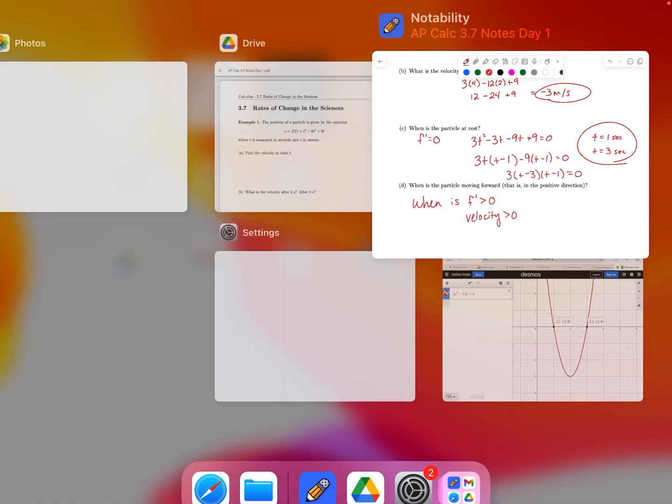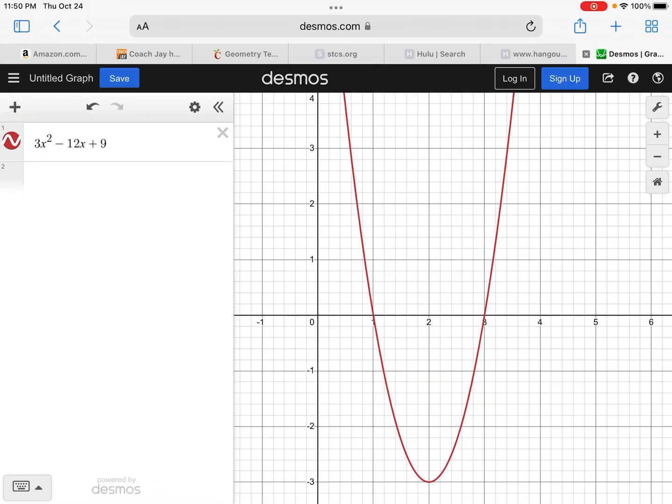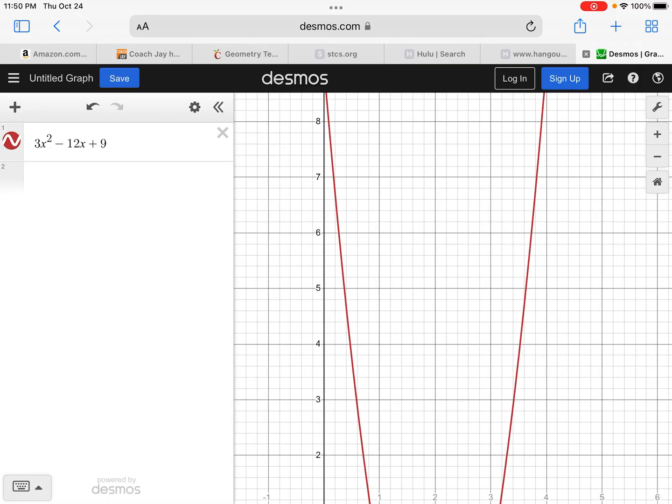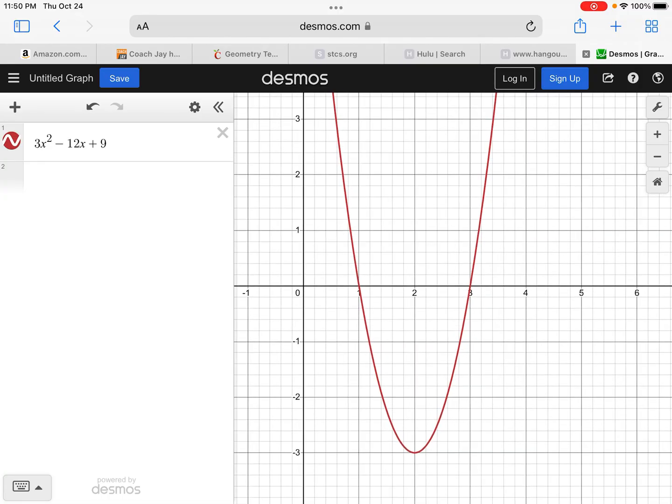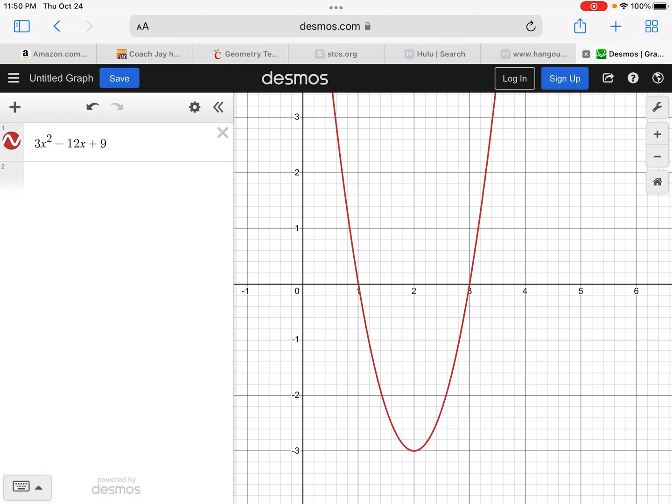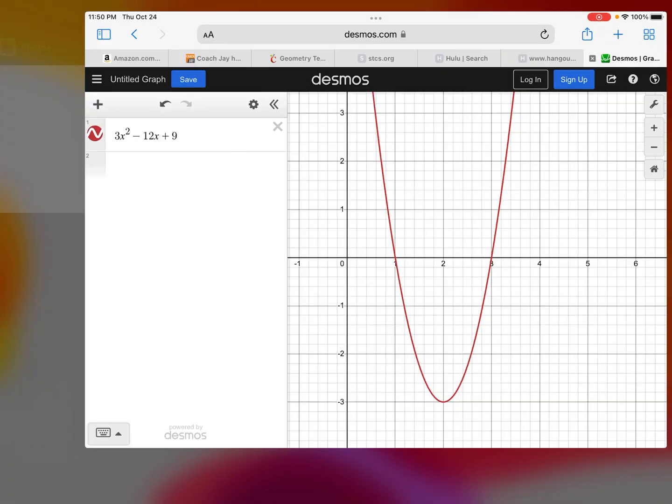So if we go back to our graph, from 0 to 1, that velocity is positive. From 3 to infinity, the velocity is positive. This function right here is our derivative, our velocity function. So it's moving forward from 0 to 1, it's moving backward from 1 to 3, and it moves forward again from 3 to infinity.